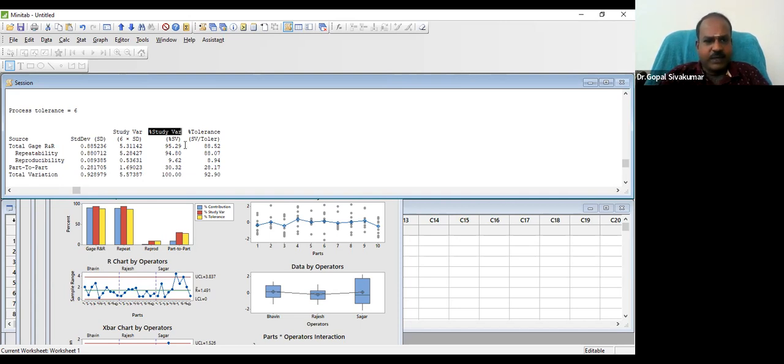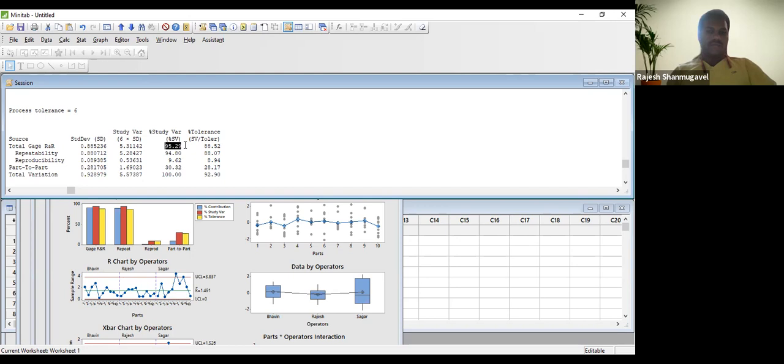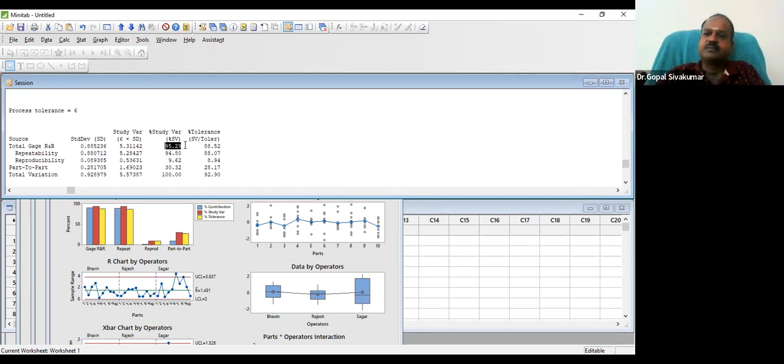Here you need to read the gauge R&R. Do you understand when to read study variation and when to read tolerance? What is the final conclusion? If the tolerance is known, refer to the last column. If the tolerance is not known, refer to the previous column, right? And this is the idea.